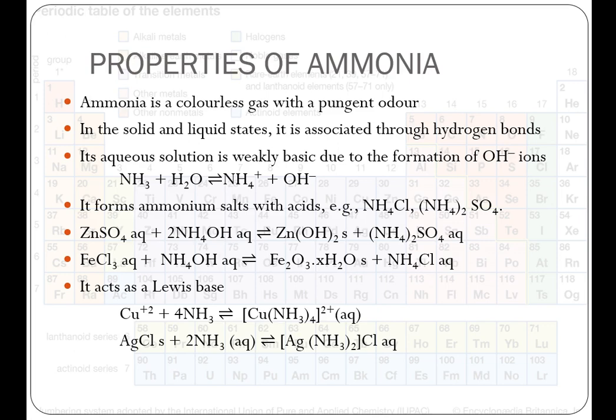Due to the presence of a lone pair of electrons on nitrogen, it acts as a Lewis base. It donates the electron pair and forms a linkage with metal ions. For example, with copper ions, it forms a coordinate complex. Similarly, with silver chloride also, ammonia gives us a colorless complex.